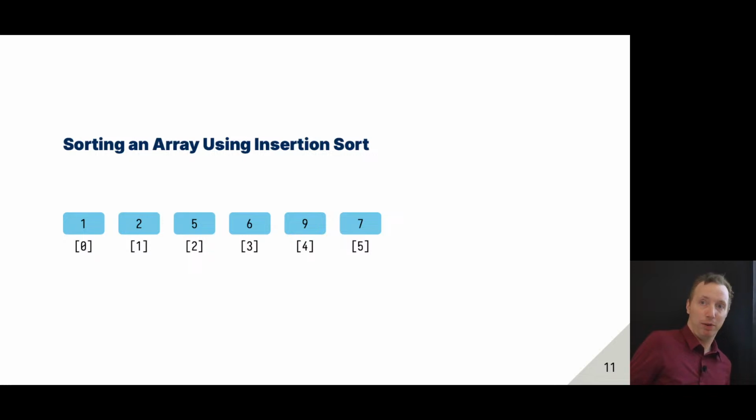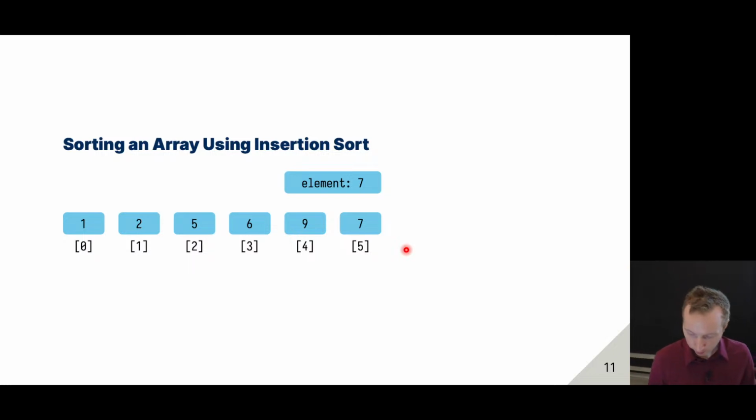So good. Now our sorted part is to the left of the red dot, unsorted to the right of the red dot. We're almost done. So now, finally, we have element 7. We have to look back at the last element from that. So it's 9.